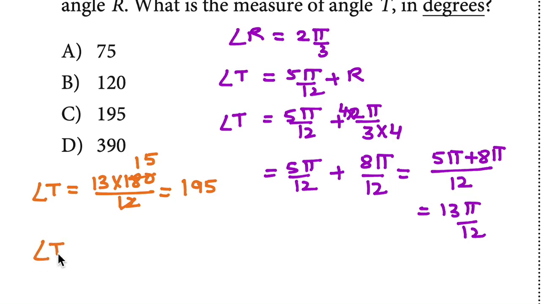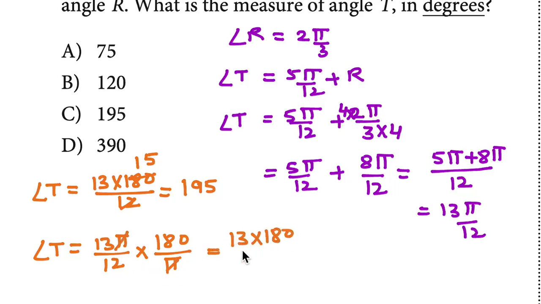Or if you use the formula, then conversion from radians to degree is that you have to multiply it by 180 by pi. Both will lead to the same steps, right? And you do this, again you are at the same step. So that is equal to 195. That means C is the right option. Again, the game of words. Okay.